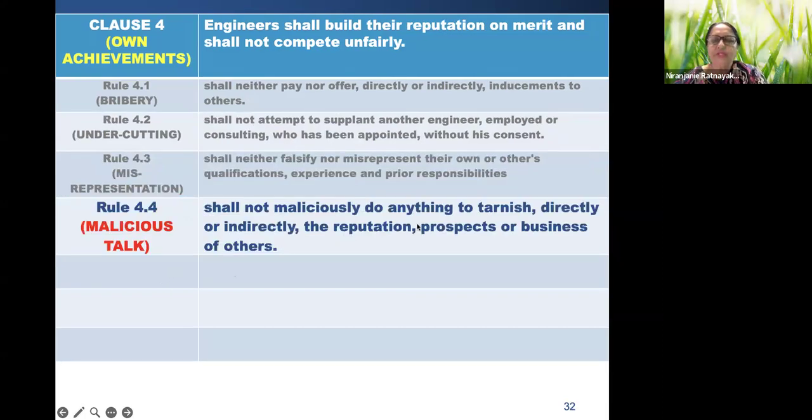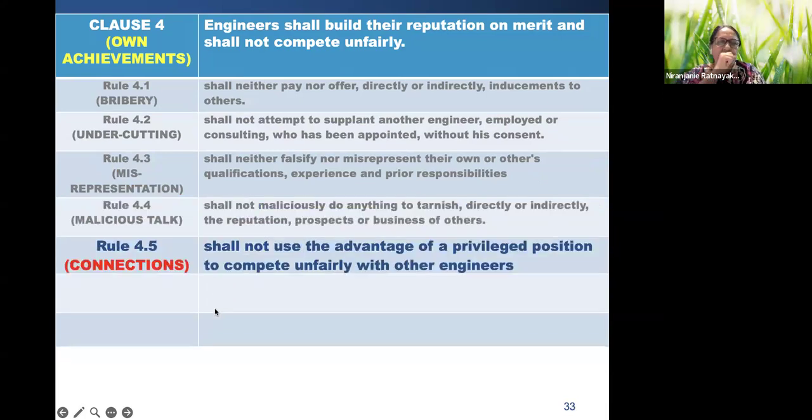Fourth one is, shall not maliciously do anything to tarnish, directly or indirectly, the reputation, prospects, or business of others. Shall not use the advantage of a privileged position to compete unfairly with other engineers. You may be the boss's son or whatever, but that should not give you an additional advantage when it comes to work.